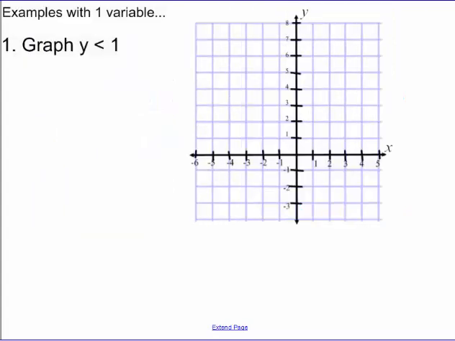Okay, just a couple of special examples. When we're graphing an inequality where only one of the variables is in the expression, like y is less than 1, you find on the y-axis where y is 1, and we want to draw a line going through the 1.